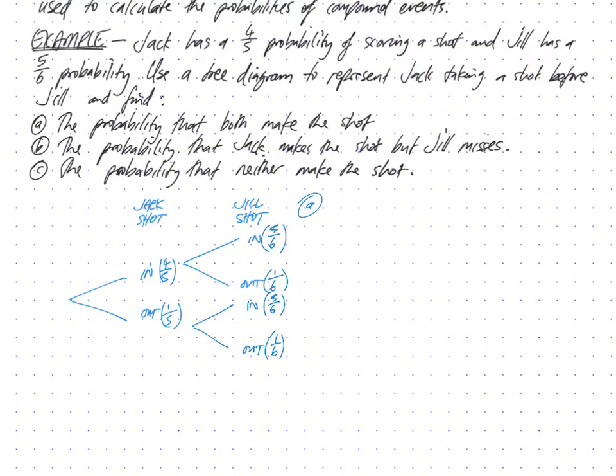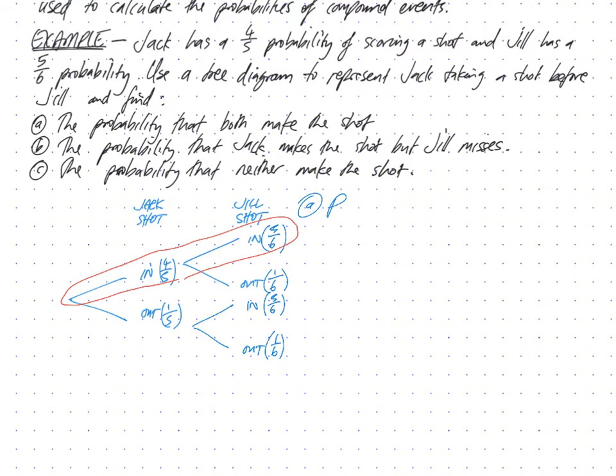A, the probability that both make the shot. So we need to identify the path of branches that indicates they both made the shot. Jack needs to make the shot, so we care about this, in, and Jill needs to make the shot too, so we care about that set of branches.